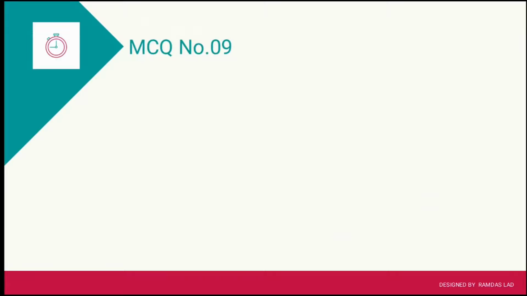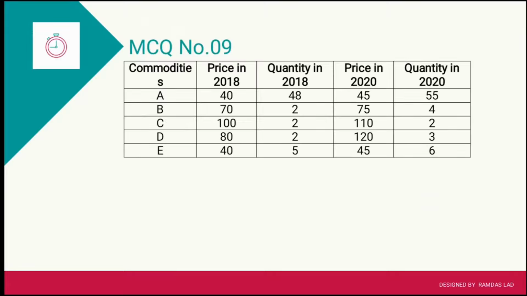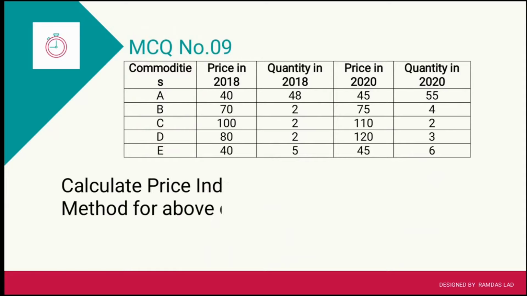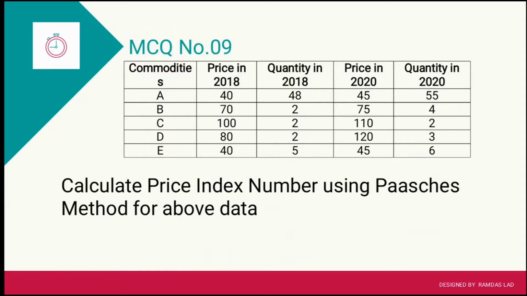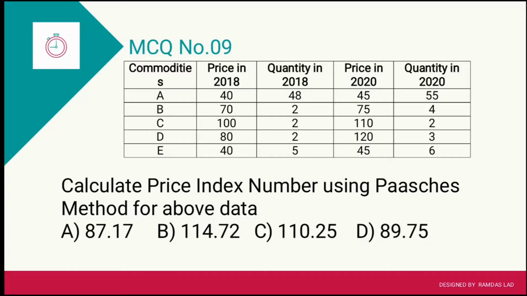Similarly, question number 9. By using the same chart, calculate price index number using Paschal's method for the above data. So here you have to use the Paschal's method to calculate index number, and the options are given.